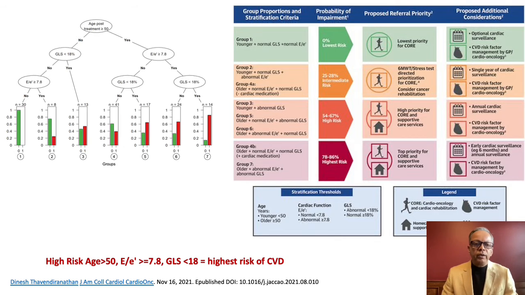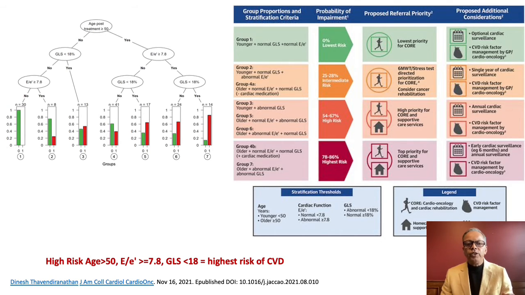Hot off the press is this very important article published by Dr. Dinesh Thavendiranathan in JACC CardioOncology, November 16th issue. The key takeaway from this very important paper is that using echocardiography and patient demographics, one can risk stratify those at highest risk for cardiovascular disease.